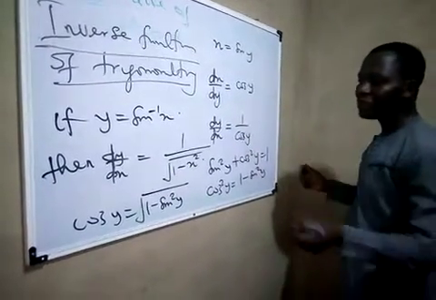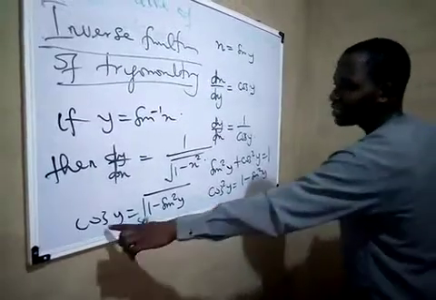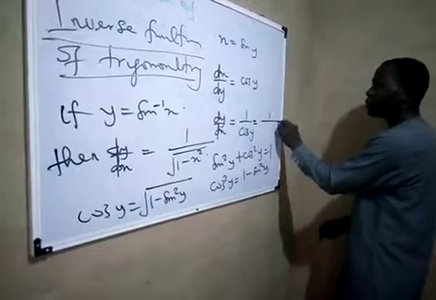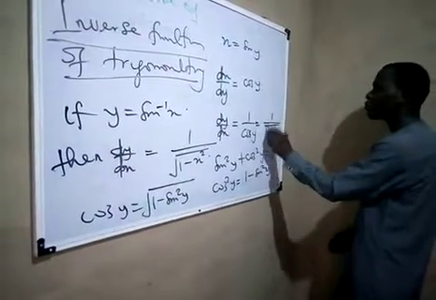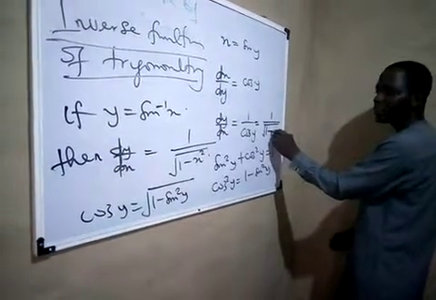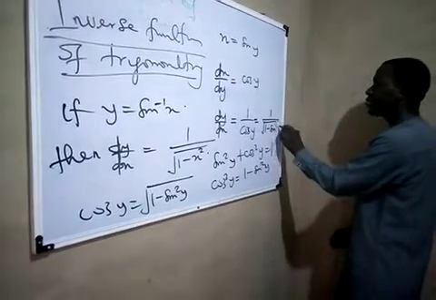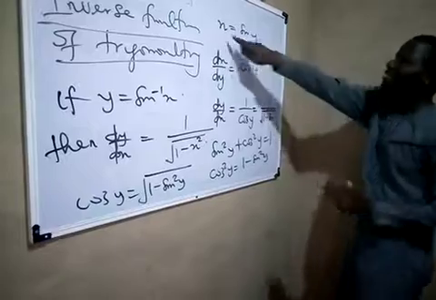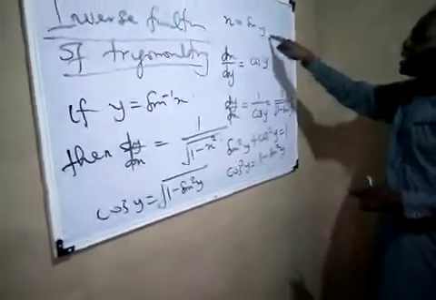So that means I can rewrite this, I can substitute for this. So if I substitute for this, I will have 1 all over square root of 1 minus sin square y. But recall that our x equals sin y.